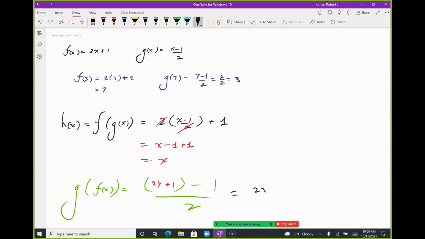So I get 2x plus 1 minus 1 all over 2, which is 2x over 2, which is x. Hey, that's it. So this is going to be a nice way for us to check if we have inverse functions, functions that will undo each other, right?